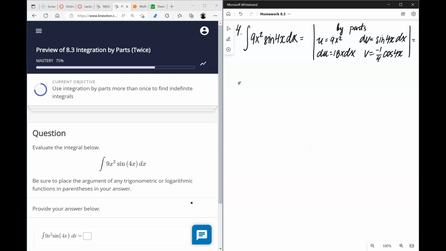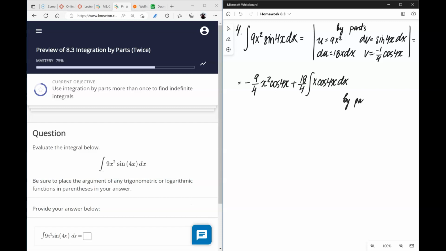Sorry, too fast. We have uv, so negative 9/4 x squared cosine of 4x minus, but combined with that minus it will be plus, v du, so we can take out 18/4, and we have integral of v du, so we have x cosine of 4x dx.